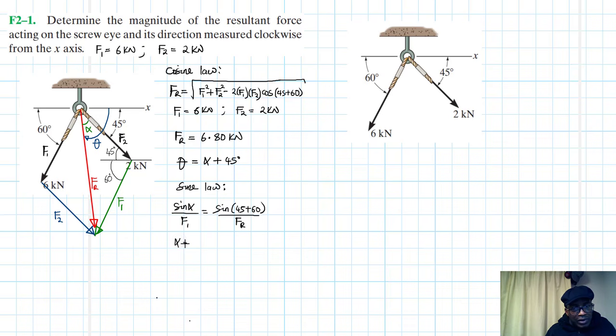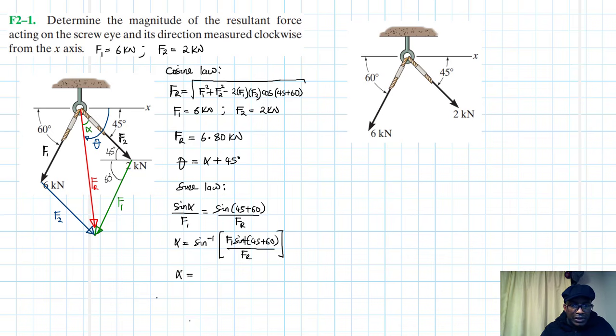Therefore, alpha is going to be equal to sine inverse of F1 sine 45 plus 60 divided by FR. So we know all these values, so we just replace F1 and FR.